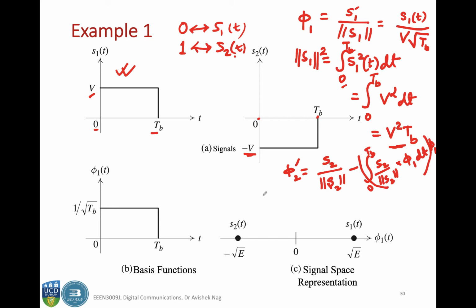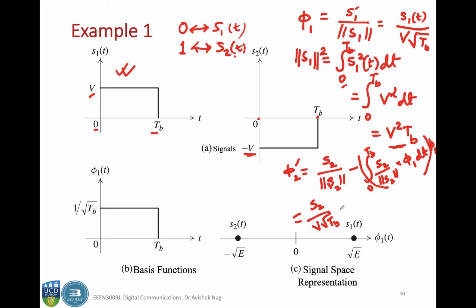You see S2 has the same energy: squaring S2t, minus V also becomes V squared, so between 0 and TB your S2 squared is also V squared. So the norm expression gives the same V squared TB as in the case of S1, and phi 2 dash will be S2 divided by V root TB, because the norm of S2 is the same as that of S1.